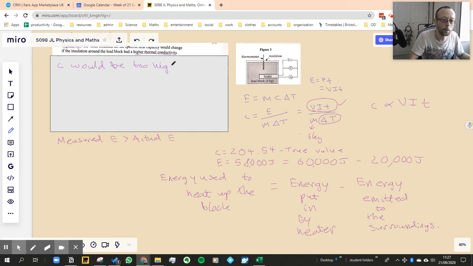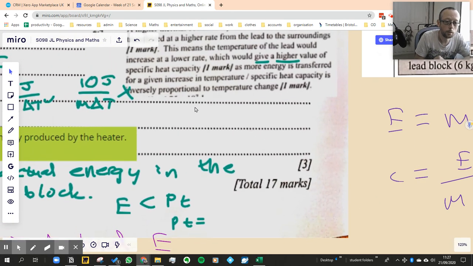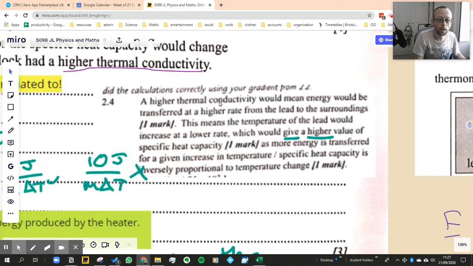In fact, I'll now just reveal what's behind the box. So if we zoom in, what does it say here? Okay, let's try that again. Higher thermal conductivity would mean energy would be transferred at a higher rate from the lead to the surroundings.